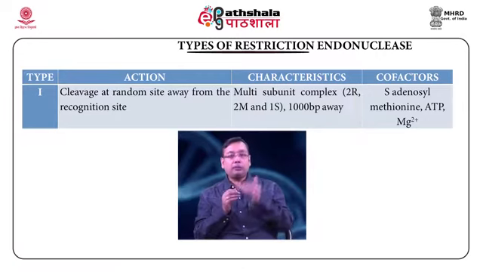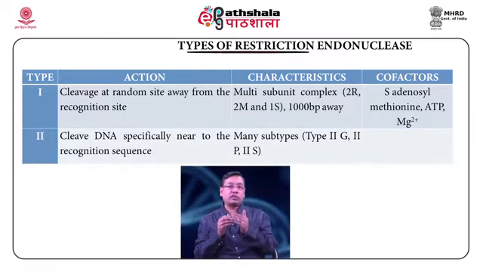Now come to type 2, which is the most important restriction endonuclease, useful for DNA manipulation. It is very specific: it slides on the DNA stretch, recognizes the sequence and cuts in a palindromic way. What is a palindrome? Palindrome means the sequence read 5' to 3' is exactly the same as in the antisense strand.